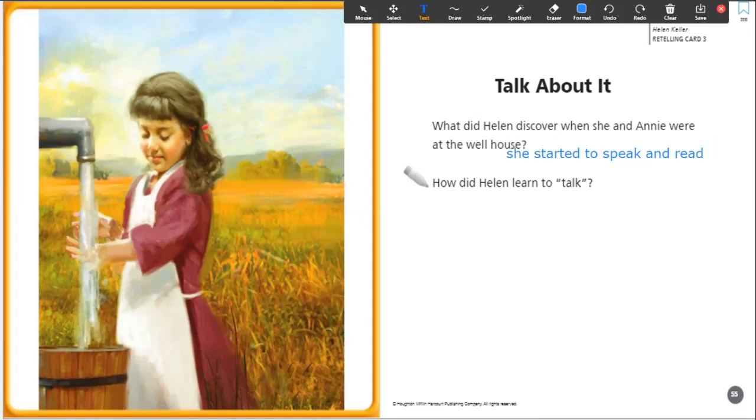How did Helen learn to talk? By her fingers. If you remember, Mrs. Annie Sullivan tried, using her fingers, to spell the letters. Do you remember?